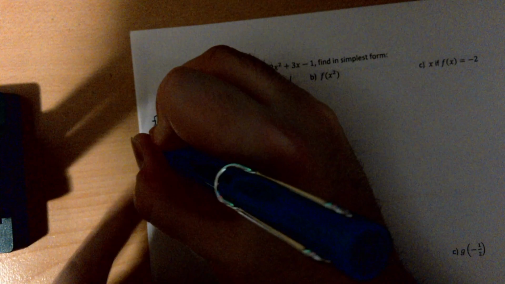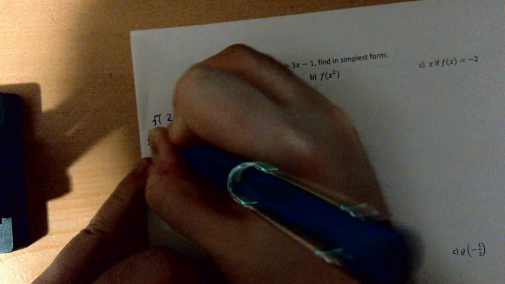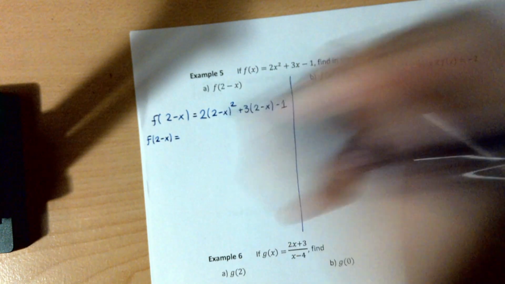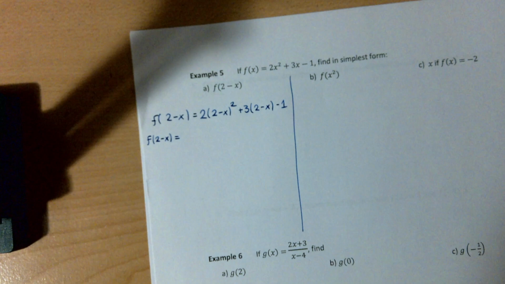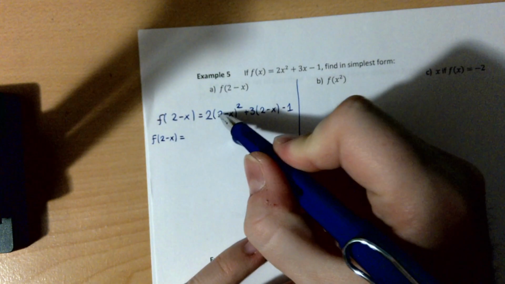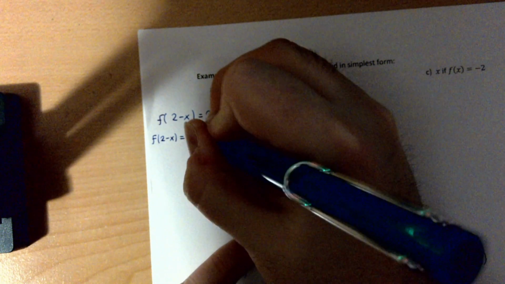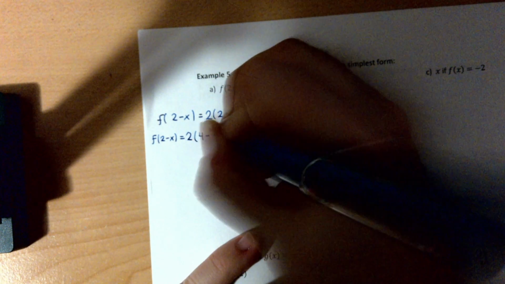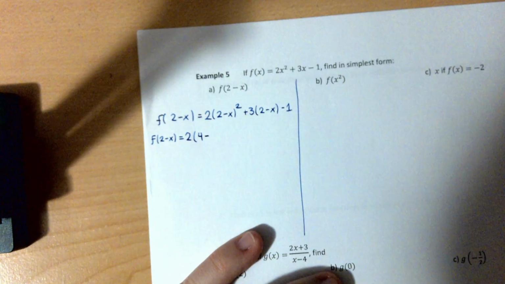And now f of 2 minus x is equal to, I've got a binomial expansion here. So if we remember in grade 9, or it's not grade 9, sorry, grade 10, I've got x minus y squared. So this is going to be 2. I'm going to leave that there for now. This is going to be squaring this. So I have 4 minus this times 2.